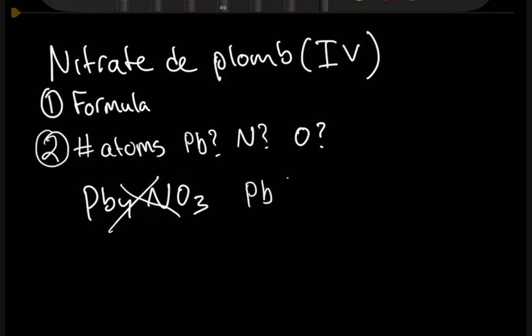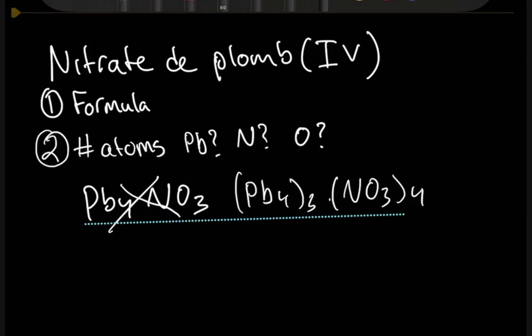But this doesn't really make sense because you're saying you have 4 Pbs, 4 leads, and you're multiplying that by 3. That means you're saying you have 12 Pbs. Does that make sense?